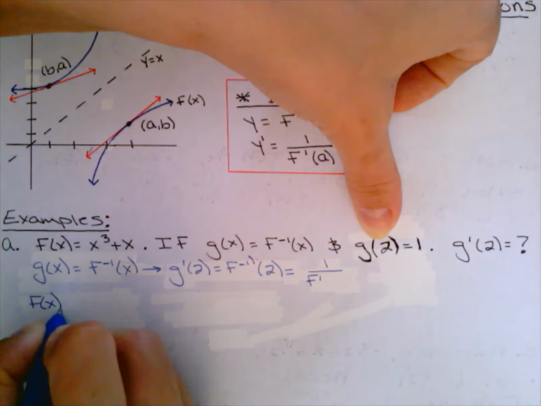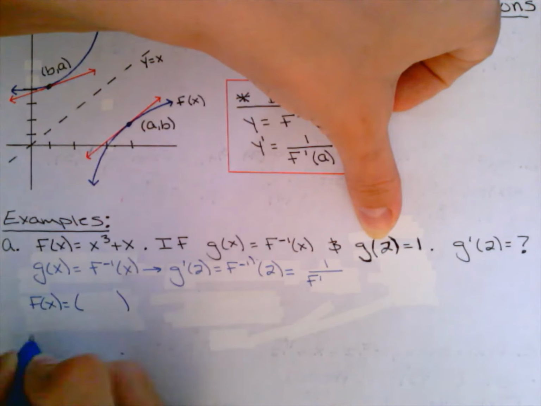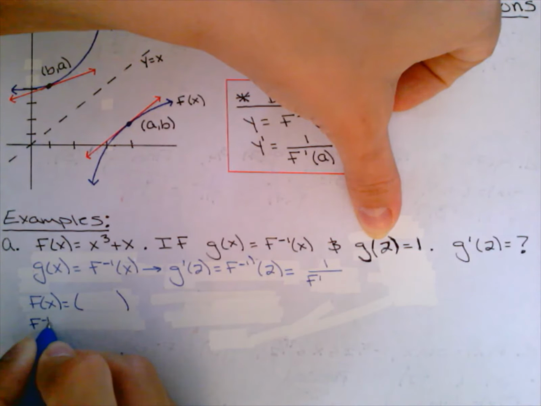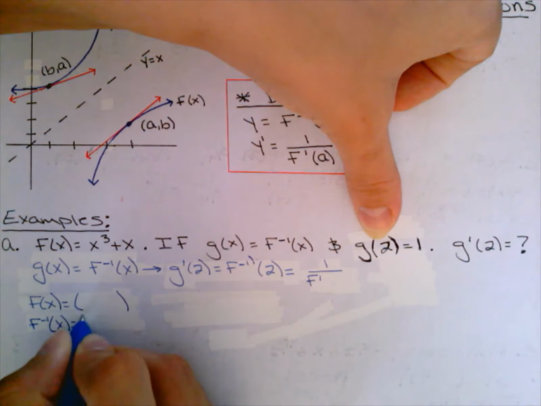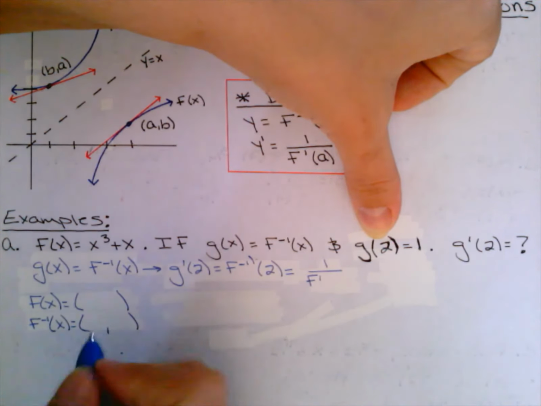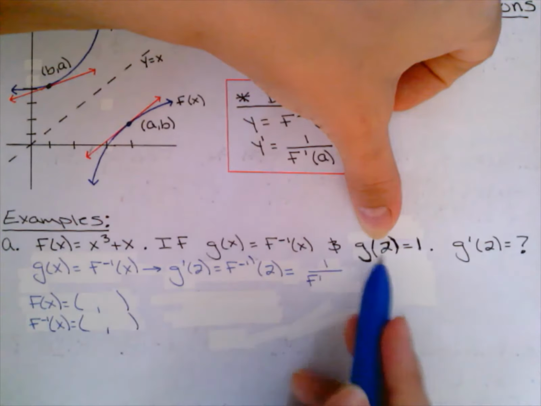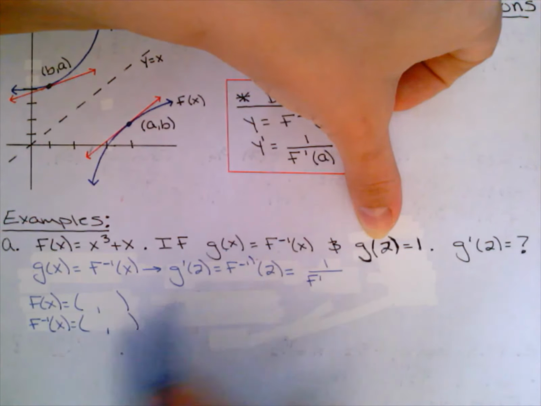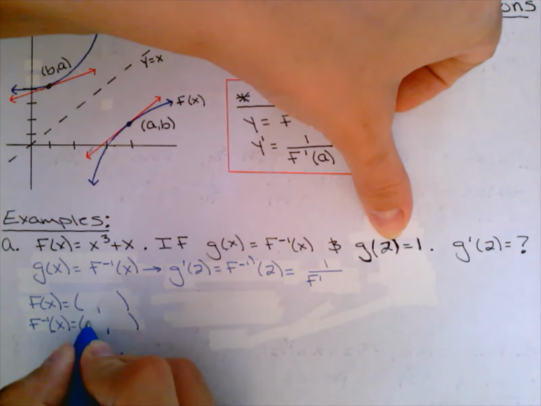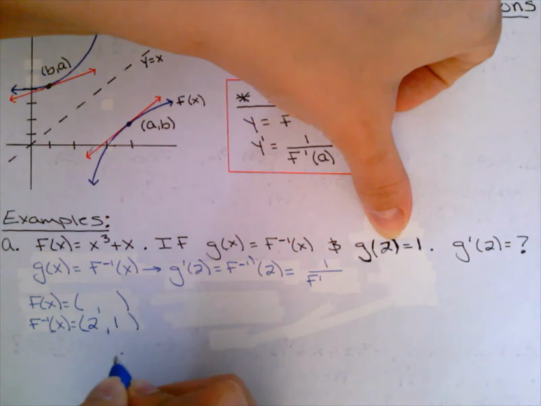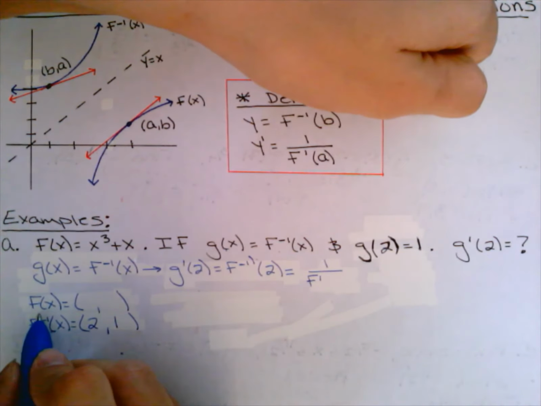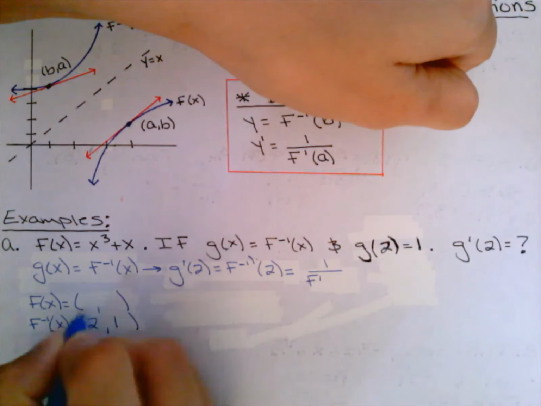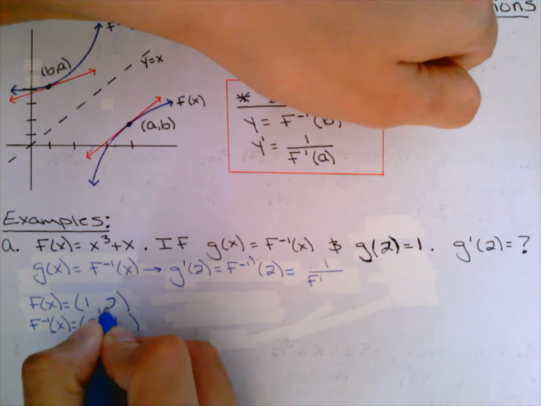I know that f of x is going to have some ordered pair, and the inverse of f of x is going to have its reverse ordered pair. So if g, who is the inverse of f, has an x value of 2 and a y value of 1, I know that f of x has the reverse ordered pair, so 1 comma 2.